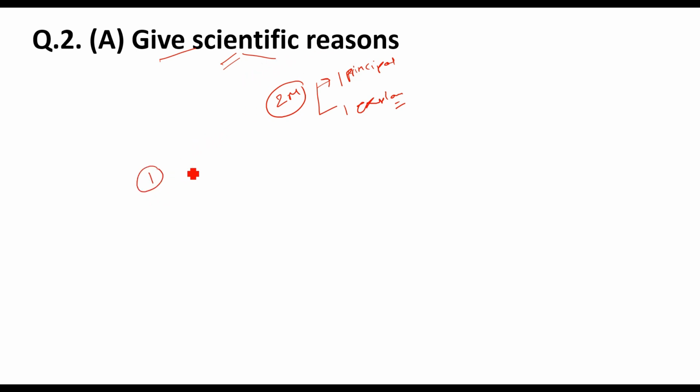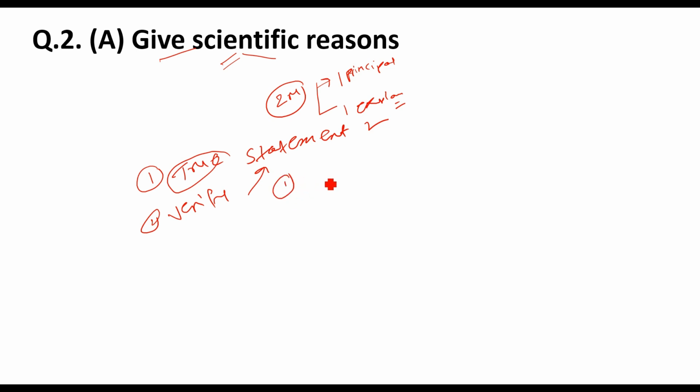A scientific reason is nothing but a true statement given to you, and you have to verify that this statement is true in the sense of science. So what rules will you follow? You will write either a law related to it, a formula related to it, or any statement related to it.